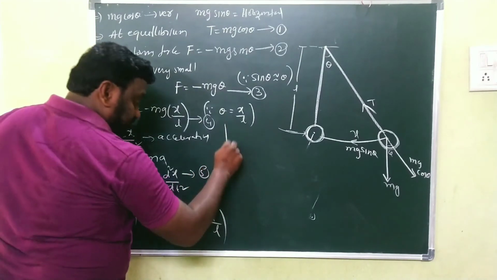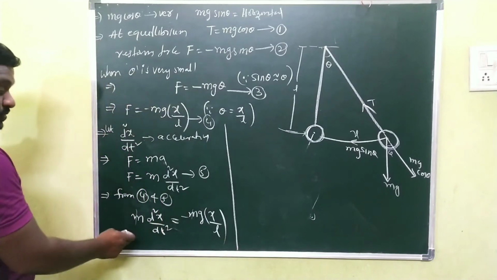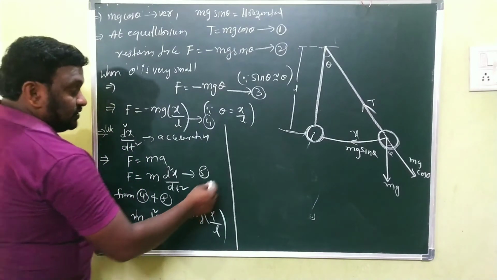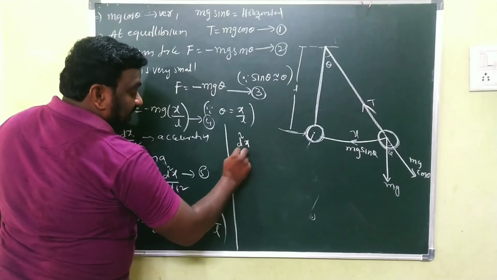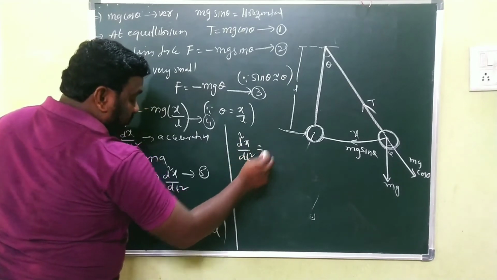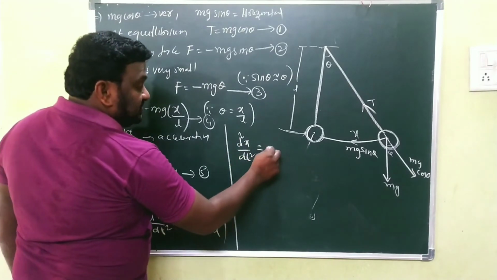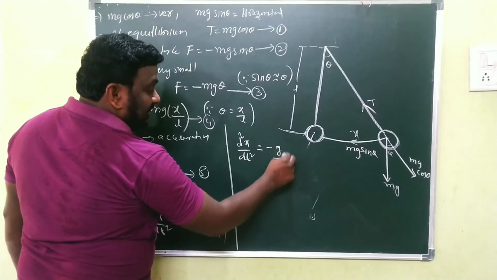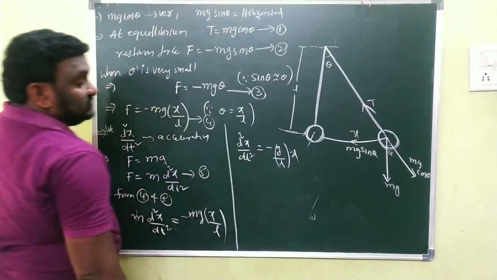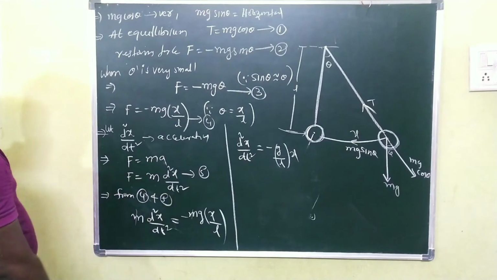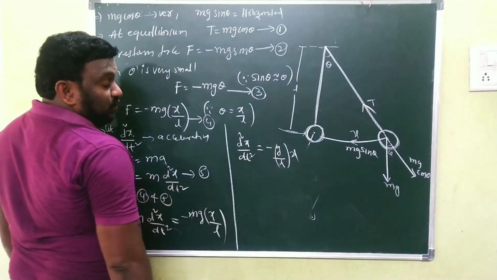Then what do you get? d square x by dt square is equal to minus g by L into x.